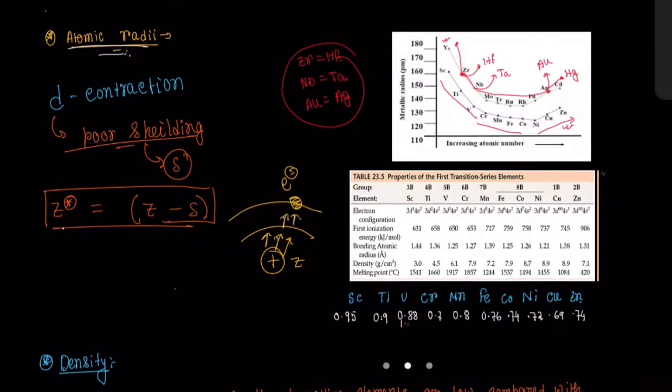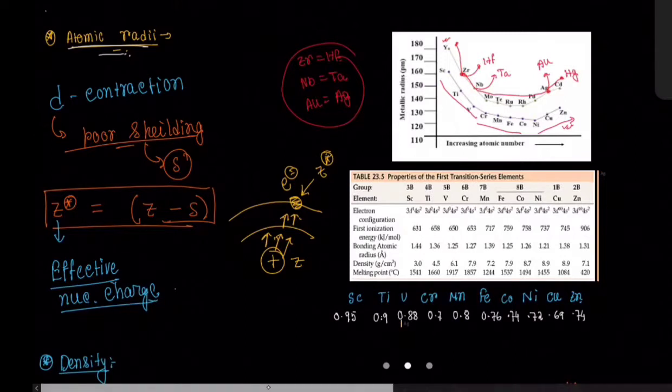It would get something lesser because the inner orbitals would shield some of the power, and the power which actually comes to the electron is called Z star. So Z star is nothing but the reduced or effective nuclear charge. S is the amount by which the nuclear charge got shielded or screened.